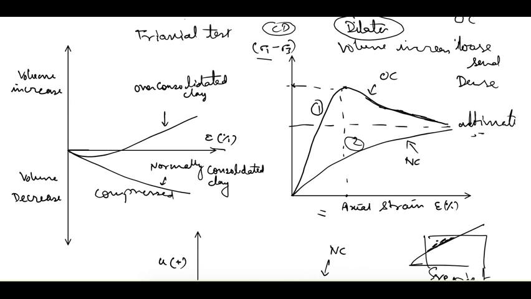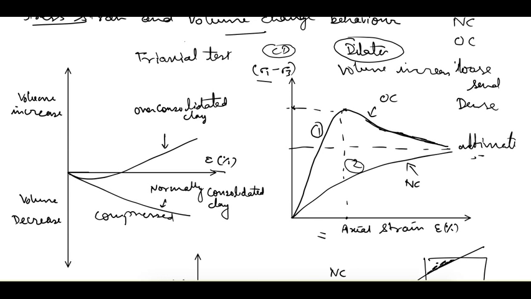And because of this dilation the volume will increase. So here we can understand the volume behavior of the soil. For over consolidated clay, if it is strained, first it shows a decrease in volume. For some stress it will show a decrease in volume, but later it will show an increase in volume. That means it starts to dilate after that point.